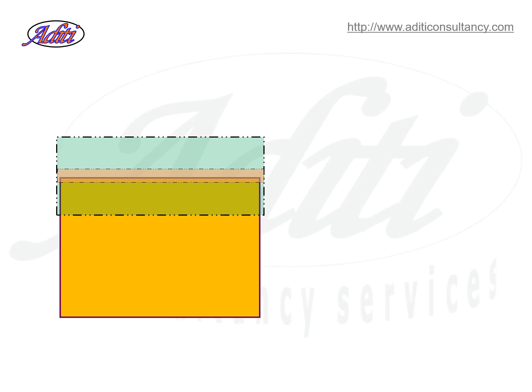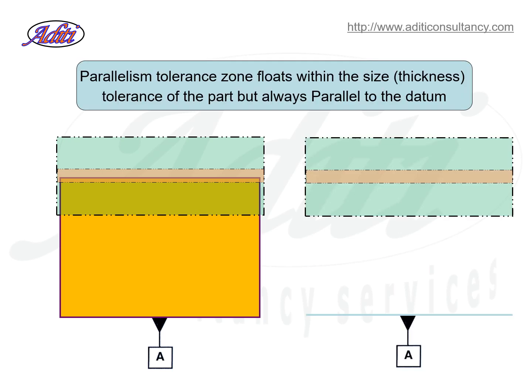But as far as parallelism is concerned, there is a datum, and this tolerance zone is always supposed to be parallel to the datum. So parallelism tolerance zone floats within the size tolerance zone, but it cannot get inclined with respect to datum A. So that is the difference between flatness and parallelism tolerance zone.